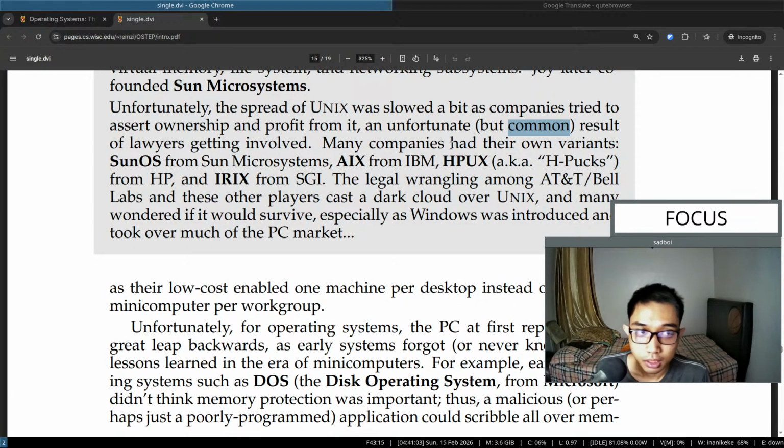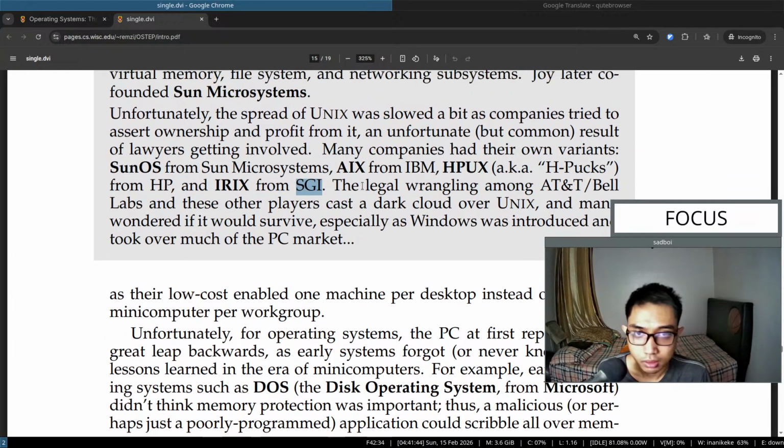Many companies had their own variants. SunOS from Sun Microsystems, AIX, is that how to pronounce it, from IBM, HP-UX from HP, and IRIX from SGI.